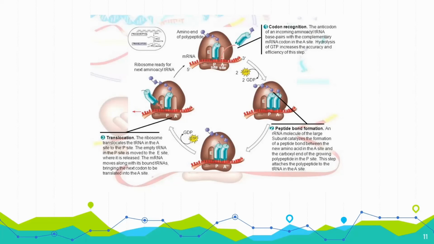Next, the growing polypeptide at the P site is transferred to the A site, and the tRNA that is still at the P site is moved to the E site where it is released, while the tRNA at the A site moves to the P site, continuing the process until a stop codon terminates translation.